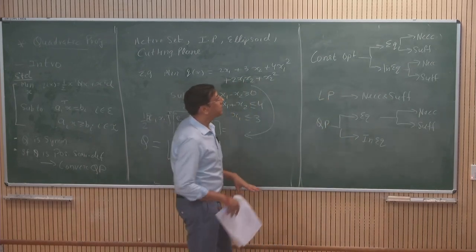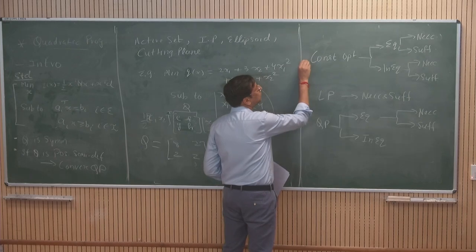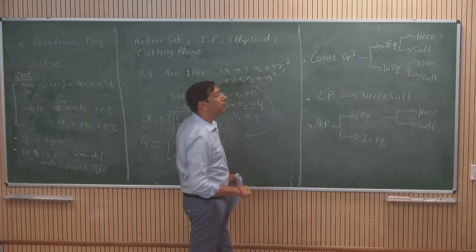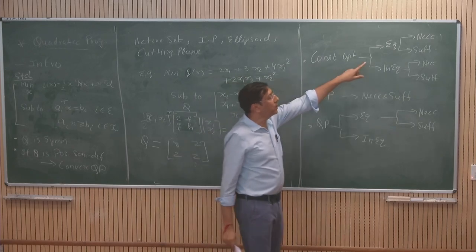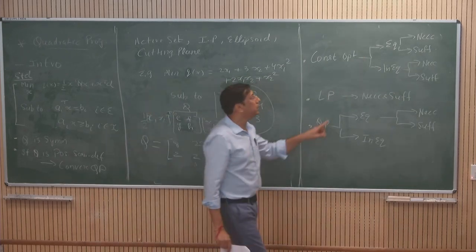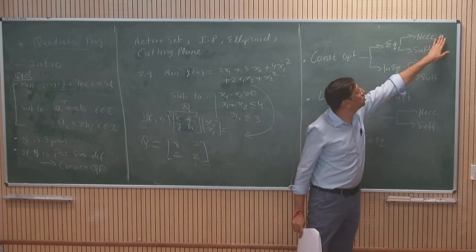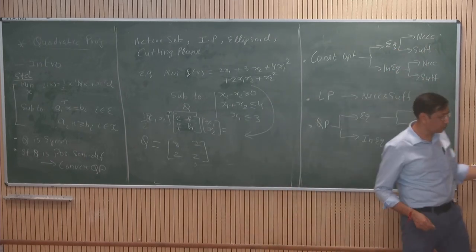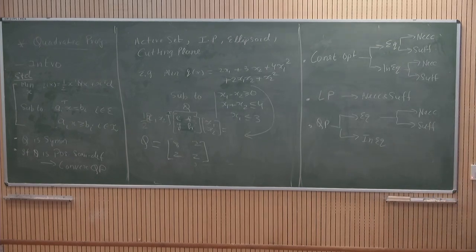So once we started this section with the constraint optimization, then we moved to linear program, now on the QP program. When we did the constraint optimization, we separated the equality and the inequality. So for the equality constraints, there were necessary conditions and sufficiency. How many necessary conditions did we have for a general constraint optimization problem? 2.